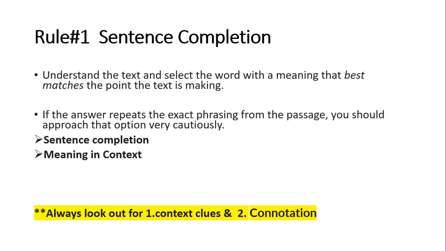Connotation. Con, with. Notation, idea. With the idea, or notion. The feel, the emotion. So you should go with the emotion, either positive charge or negative charge, or you should look for the contextual clues. Am I clear?